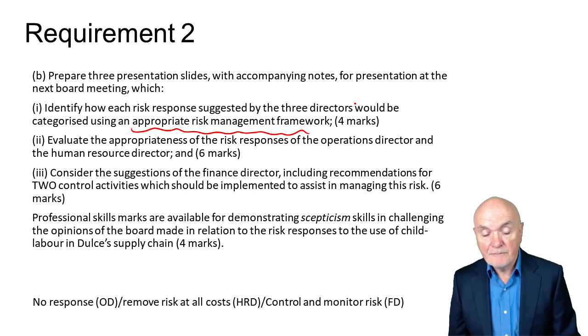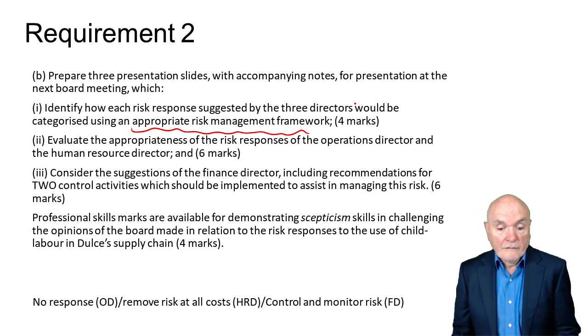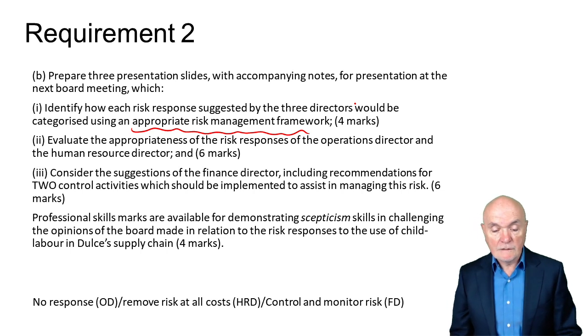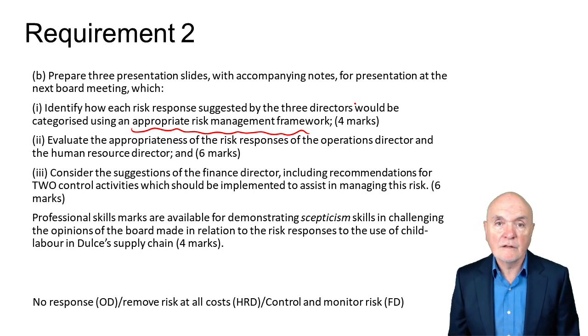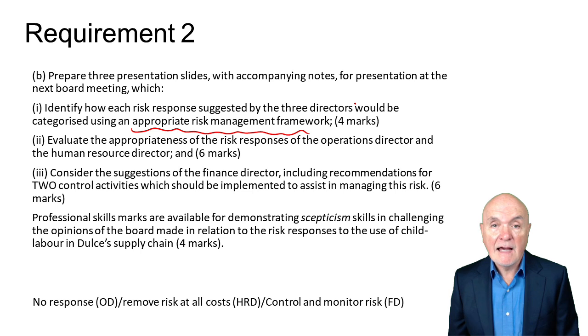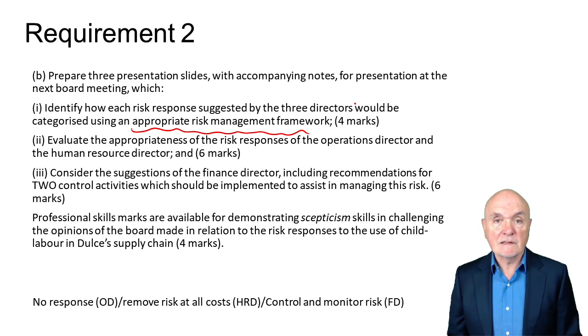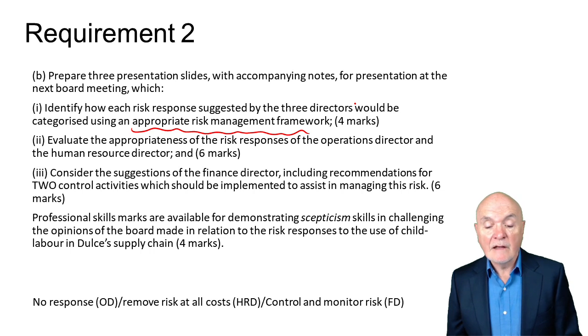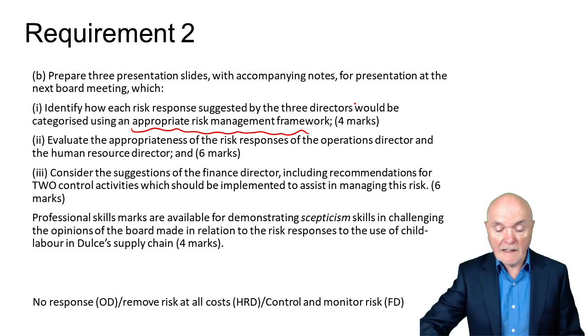And it would seem to me that the one to use is the one which looks at the likelihood of a risk event occurring and the impact on the business if that does in fact occur. And then we can decide what to do about it.